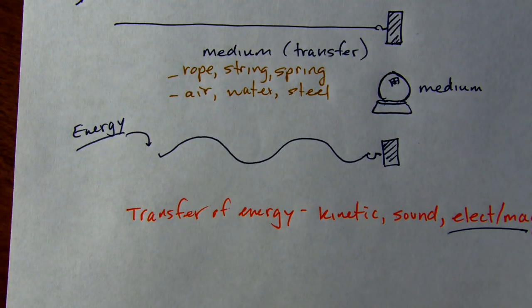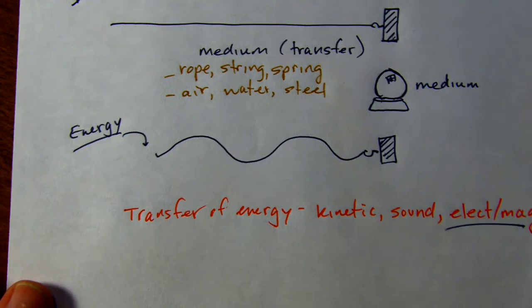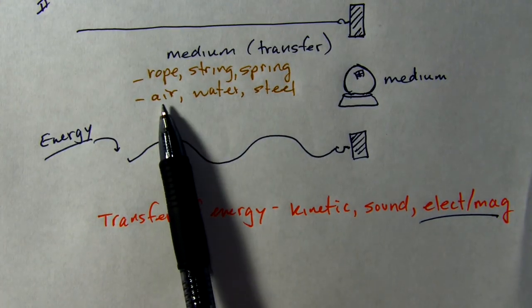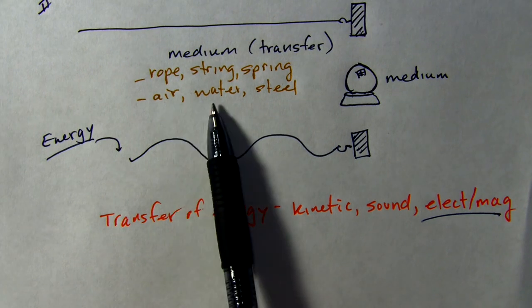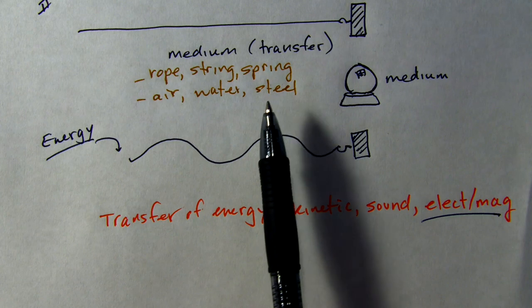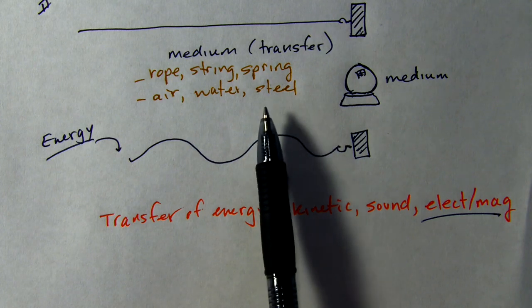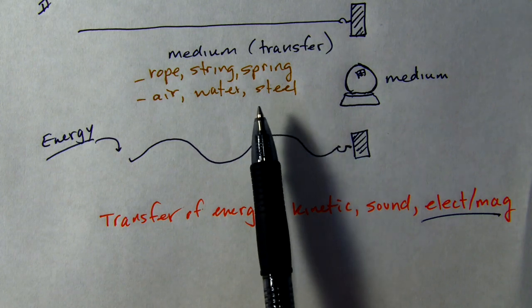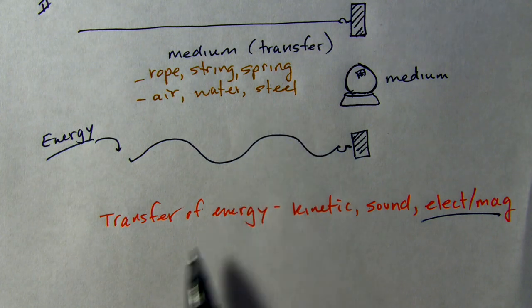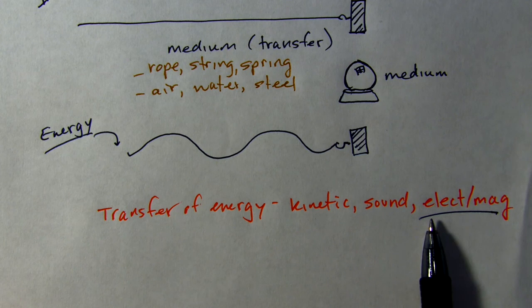The idea is that a wave is something that transfers energy, and so when we talk about a medium here, air transmits sound, and water could also transmit sound, as could steel. All right. You don't always need a medium, and that's a different kind of wave, but we could talk about light, how light is transmitted without a medium. Okay. The general idea is that we're transferring energy here.